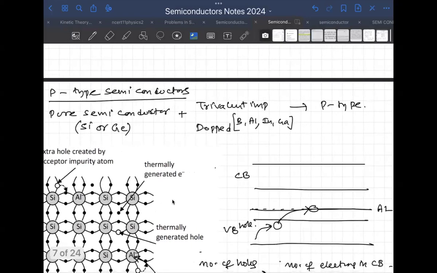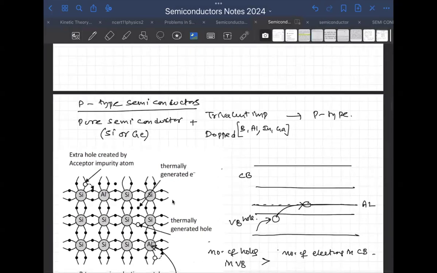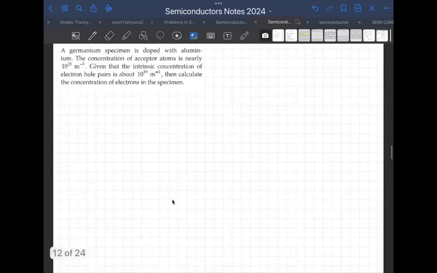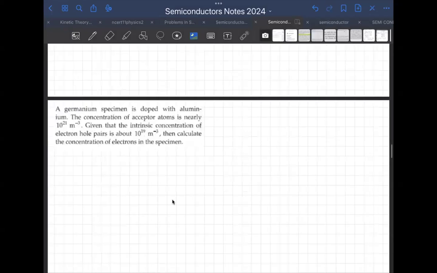Boron, aluminum, indium, gallium. This makes p-type material. Boron is a trivalent impurity. Boron, aluminum, indium, and gallium make p-type impurity. But what is our question? Aluminum. So what type of impurity is it? Trivalent impurity. So this is purely a trivalent impurity.